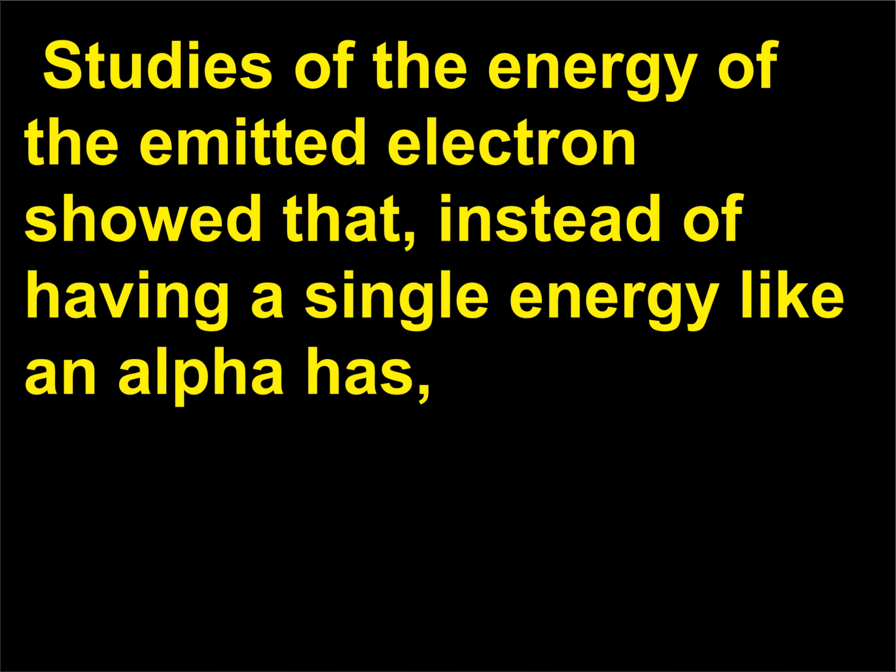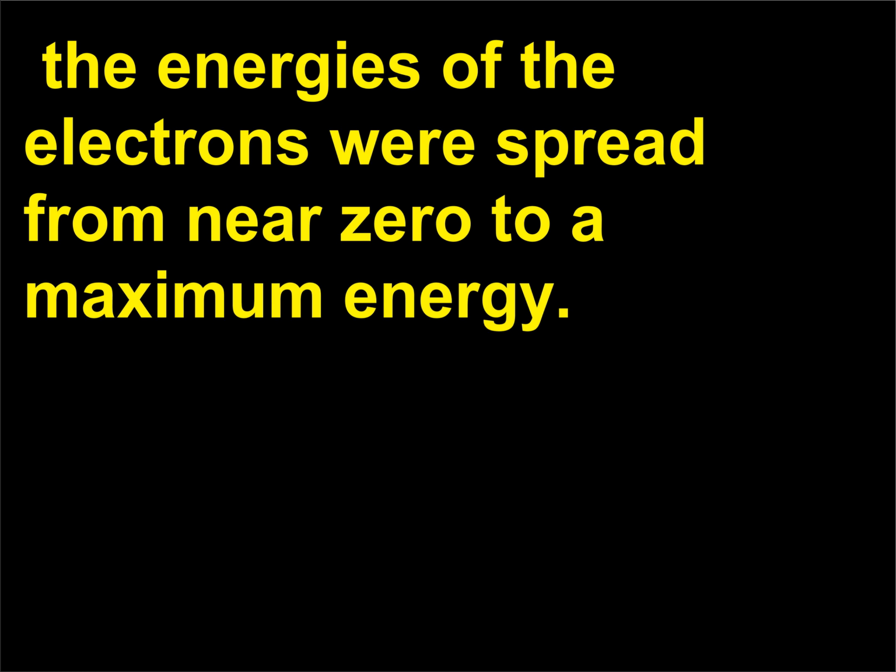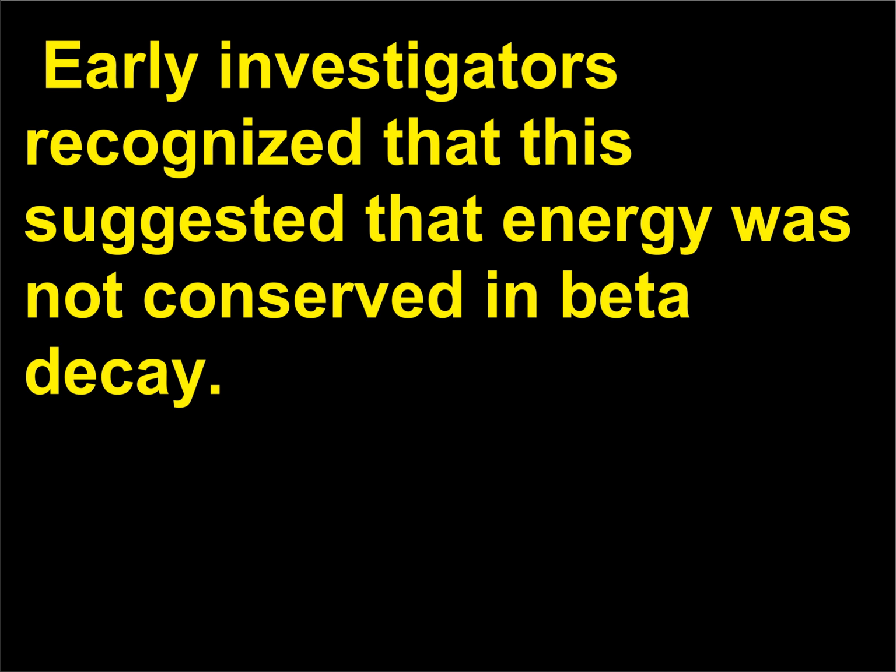Studies of the energy of the emitted electron showed that, instead of having a single energy like an alpha has, the energies of the electrons were spread from near zero to a maximum energy. Early investigators recognized that this suggested that energy was not conserved in beta decay.